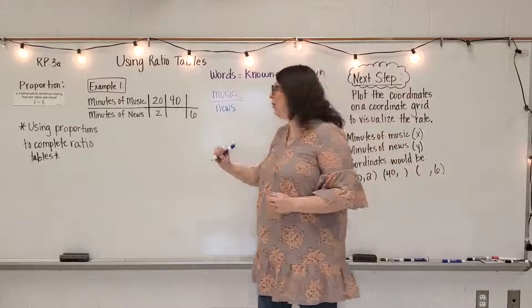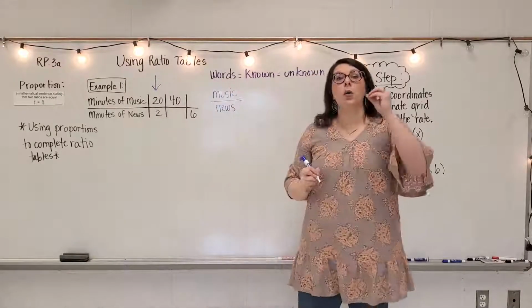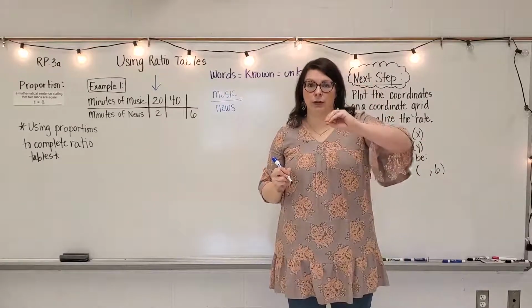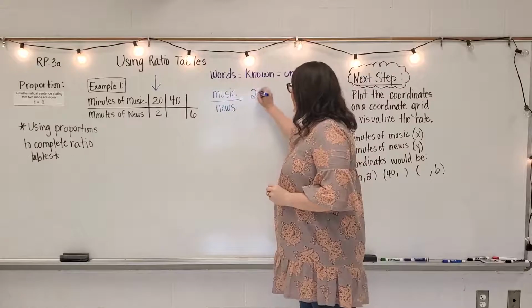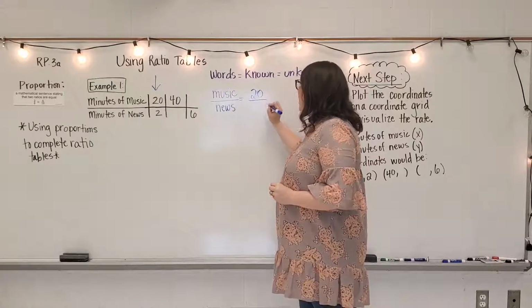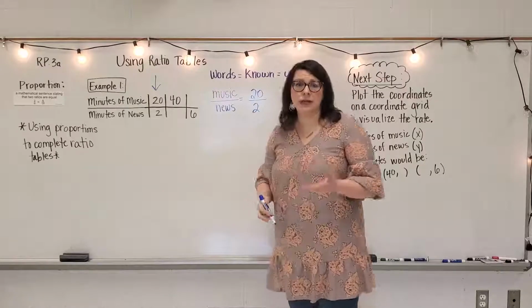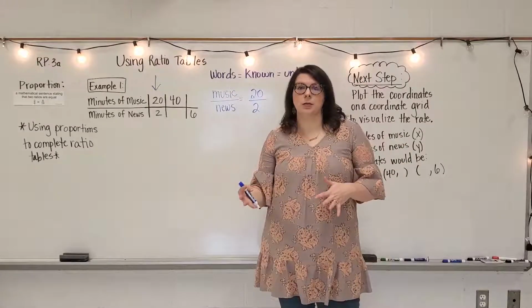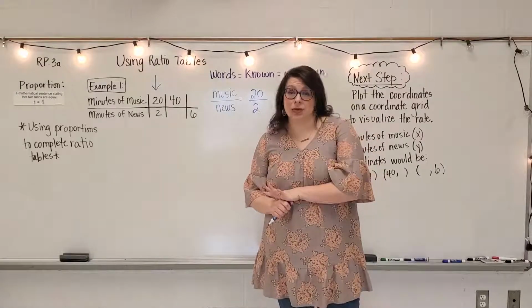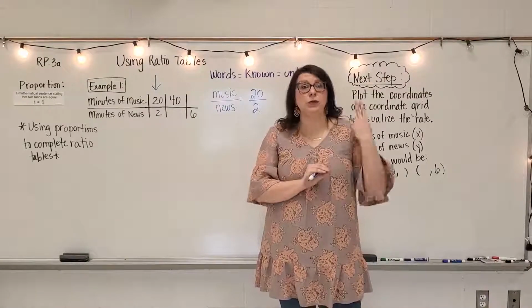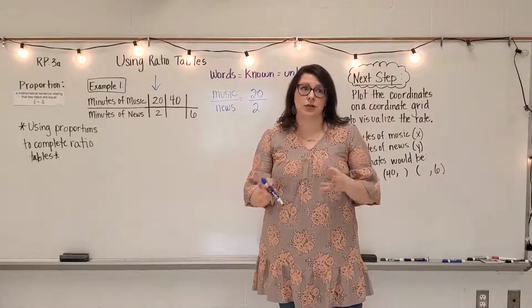What do we know? This one is going to be our known, because both quantities, both units of measurement, are filled in, okay? So what we know is that 20 minutes of music is related to 2 minutes of news. What this means is for every 20 minutes that the person who gave us this data listens to music, they're only listening to the news for 2 minutes, okay? That's the comparison of those two quantities, which is a ratio.